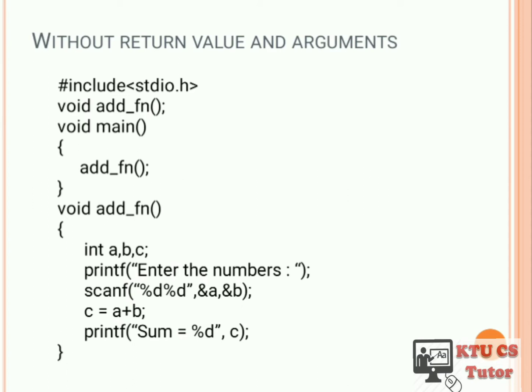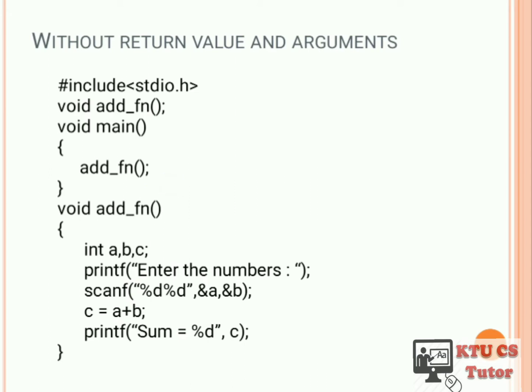So what to do in the main program? The main program is the beginning of any program, right? So we need to write the main function. Inside the main function we will be calling that add function. Without any value, we will be just calling that function name add function.